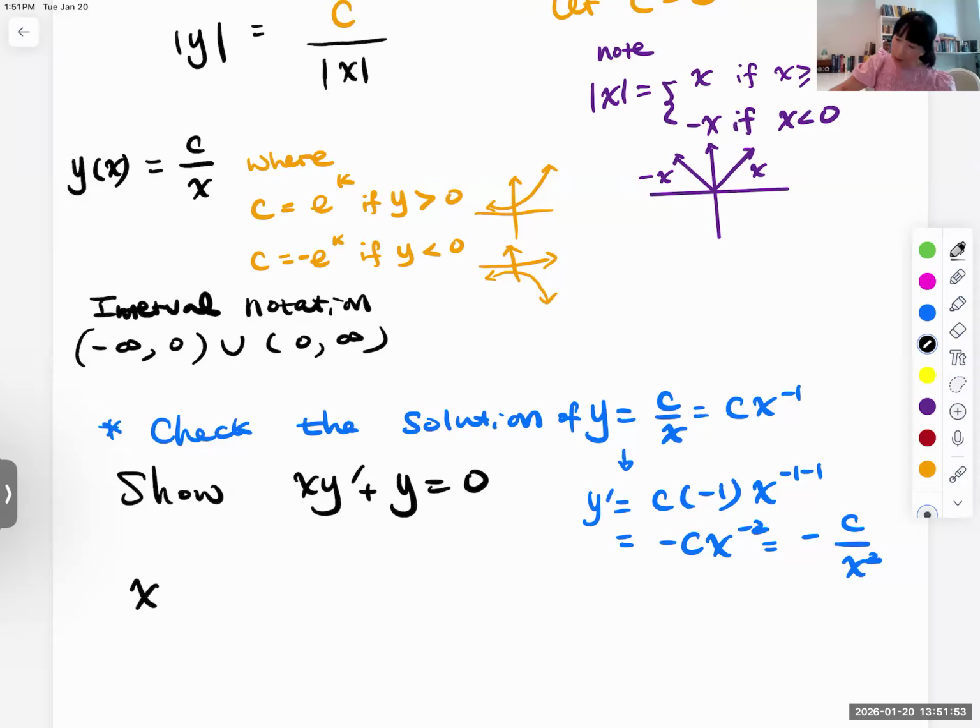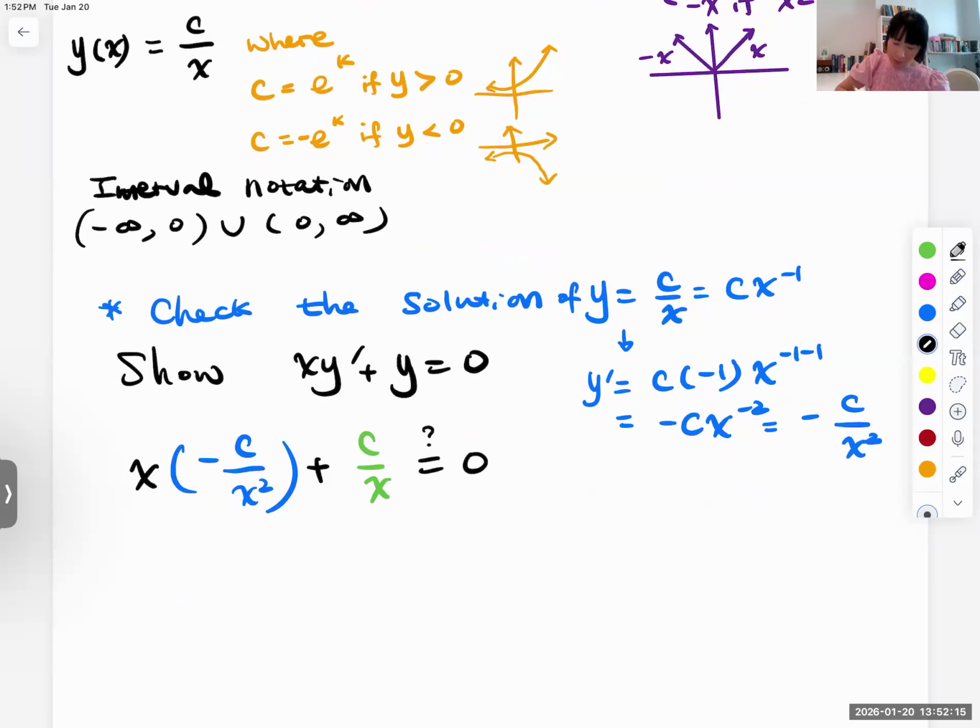So we have x y prime will be negative c over x squared, plus y, which is c over x. Is it equal to 0? Yes, right?